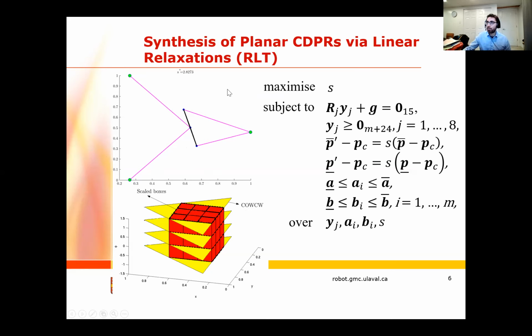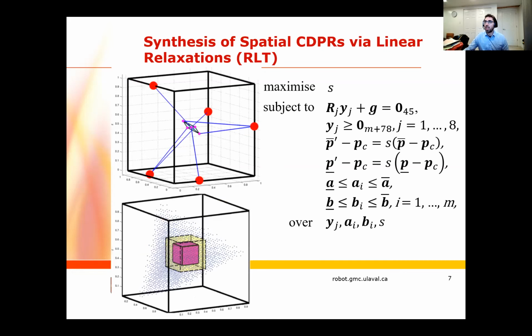Okay, so that was planar, and we were fairly satisfied with it, although we didn't get, I would say, revolutionary geometries. So we tried to move to spatial cable robots from there, and the process is fairly similar, but it's a lot more variables, a lot more equations, a lot more constraints when you're dealing with spatial cable robots. This is one of the randomly generated geometries that we got for a 7 cable robot.